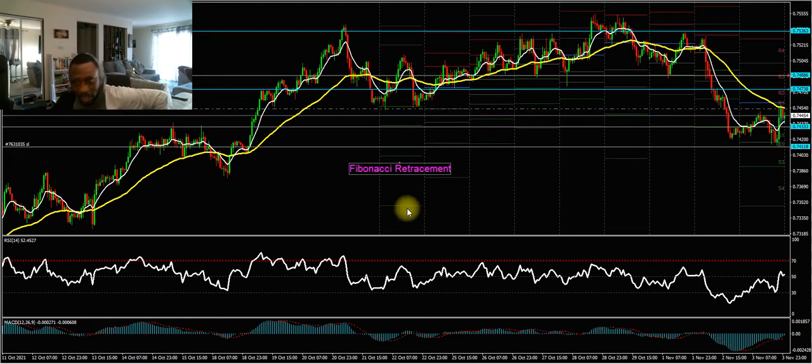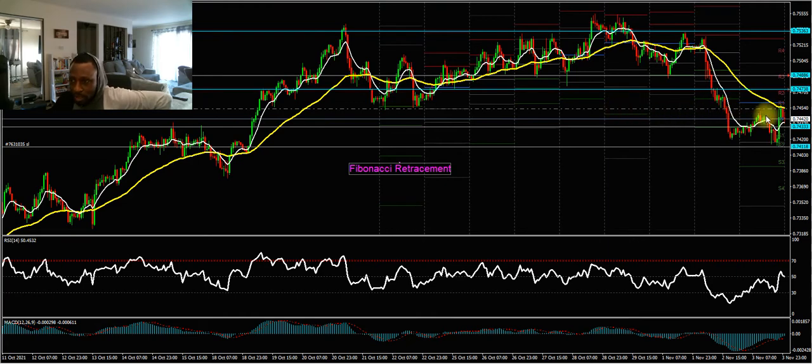So yeah, like I was saying, this is my chart. If you look at this, I was looking at taking a little profit from this Aussie dollar US dollar currency pair. The market came all the way from this point and started to make lower highs and lower lows, until it got to this point, and then it shot back up and made a lower low.